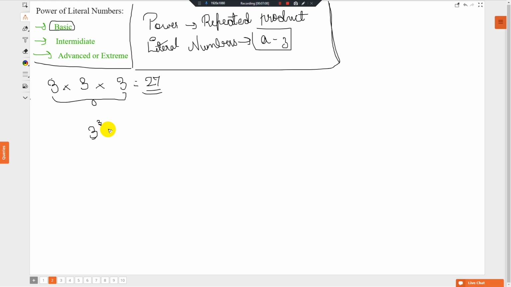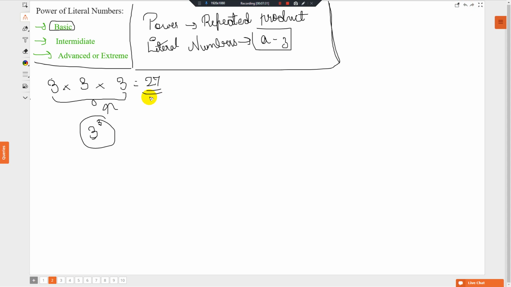So instead of writing this big form, we write a small 3 upon the big 3. This means 3 is getting repeated product by 3 times.